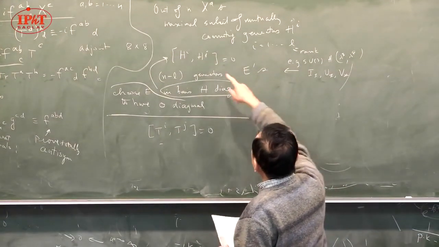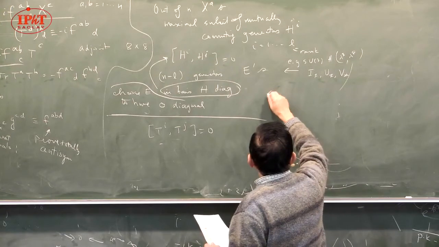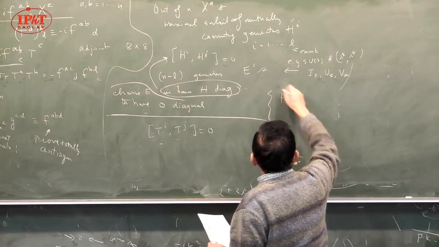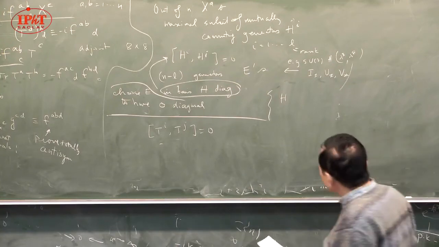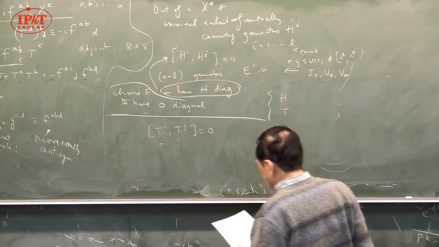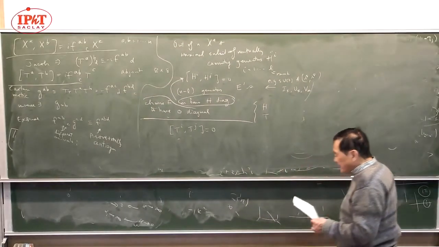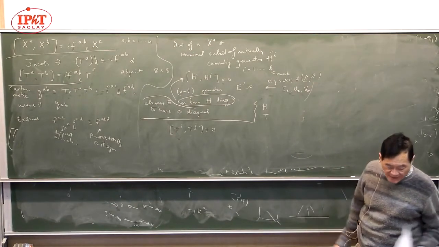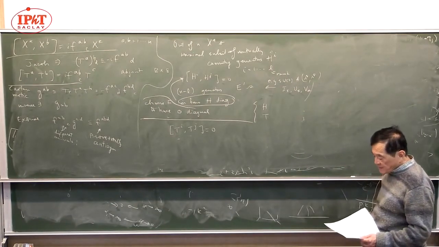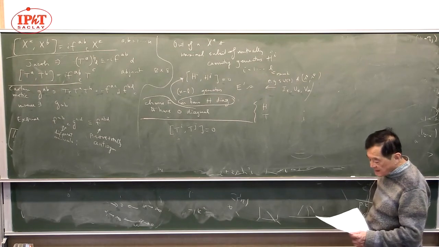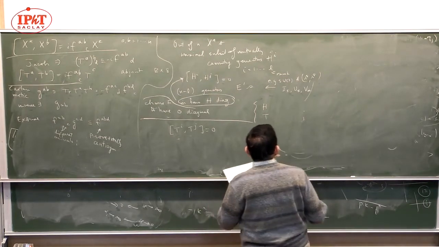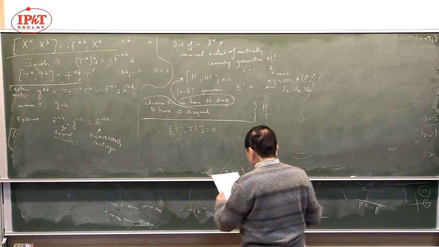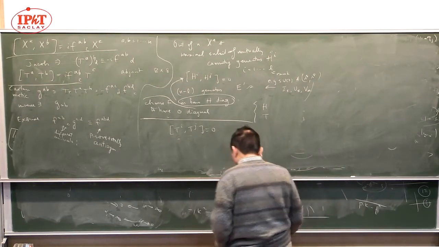Strictly speaking, in this mathematical notation, the H's you think of as some abstract object, and T as the representation of those objects. If we think of H's in the defining representation, they're 3 by 3 matrices, and the T's are 8 by 8 matrices.